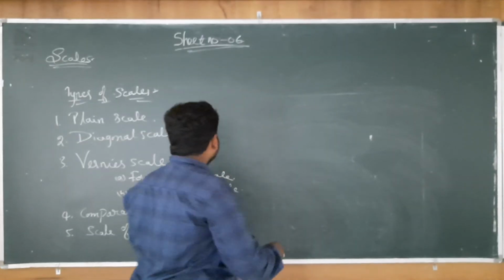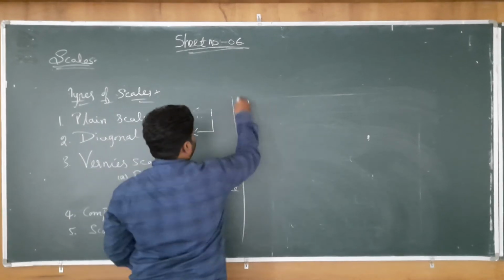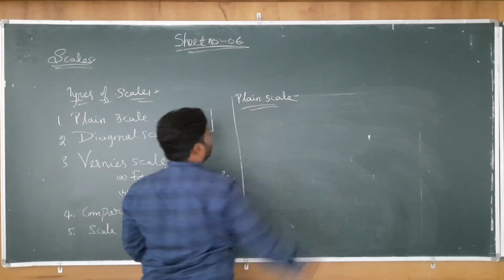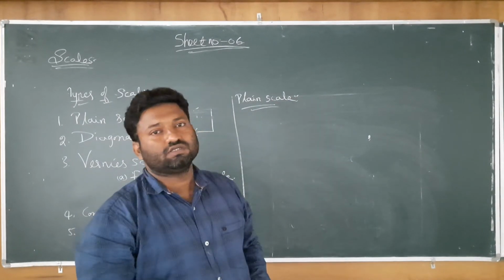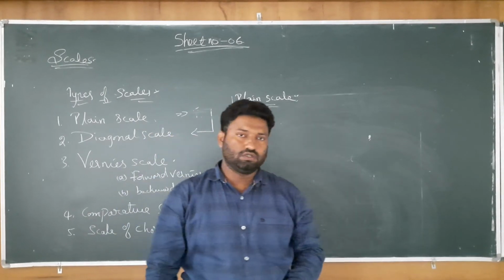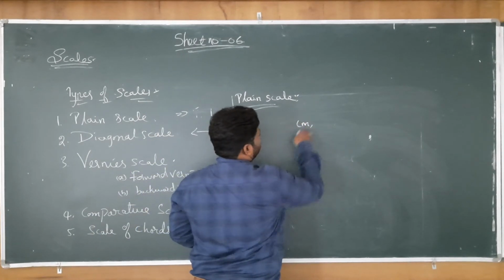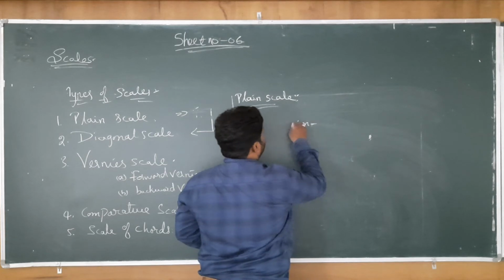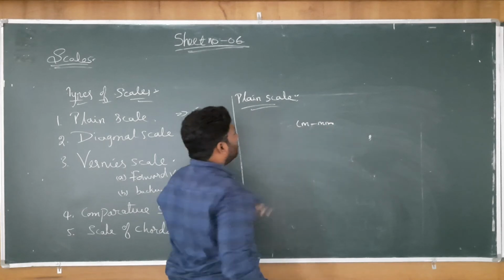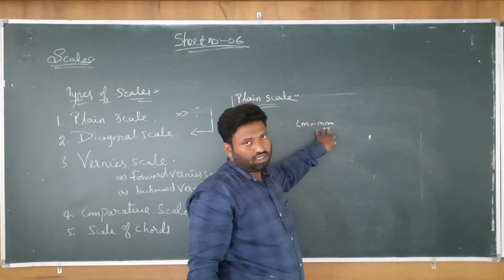So now we have to define plane scale. A plane scale is used to represent 2 units. One is the main unit and the other one is the sub unit. If you remember the values like centimeter and millimeters, here centimeter will act as the main unit and millimeter will act as the sub unit.